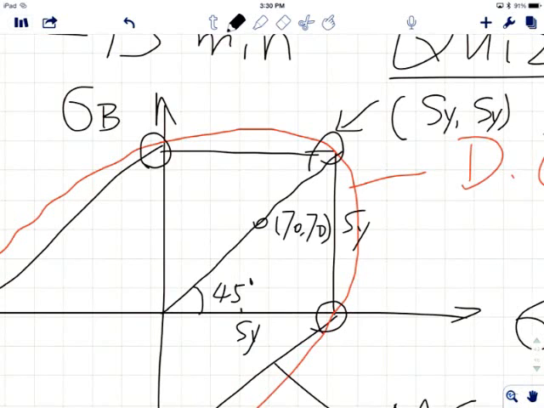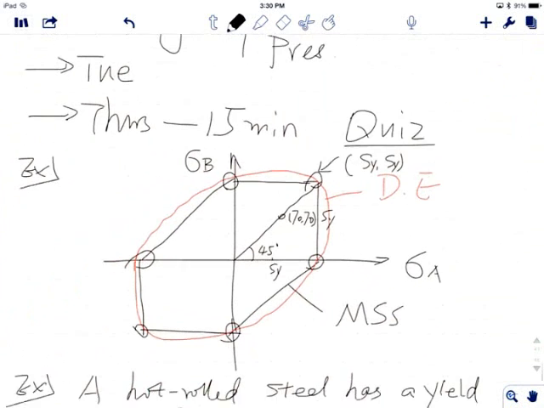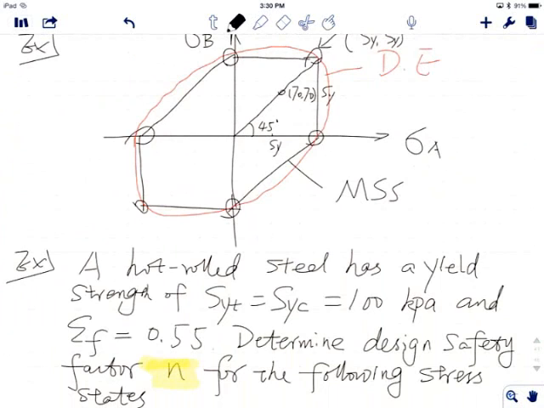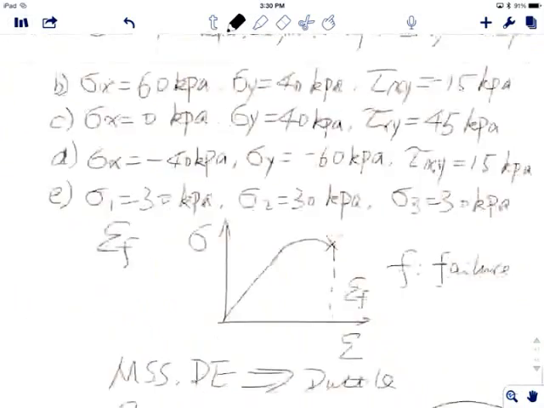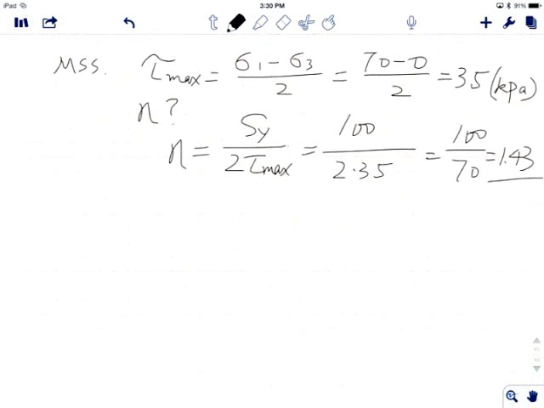We'll have the same number for maximum shear stress and distortion energy, right? That's something I was going to say after all the A, B, C, D, E, but I'm glad you brought it up. So just let you know, if your stress state has the same X and Y, the design safety factor will be the same, right? And the only thing is, don't forget this parameter. Once you use shear stress, that's how we derived it before, right? Don't forget the denominator has a 2, okay?